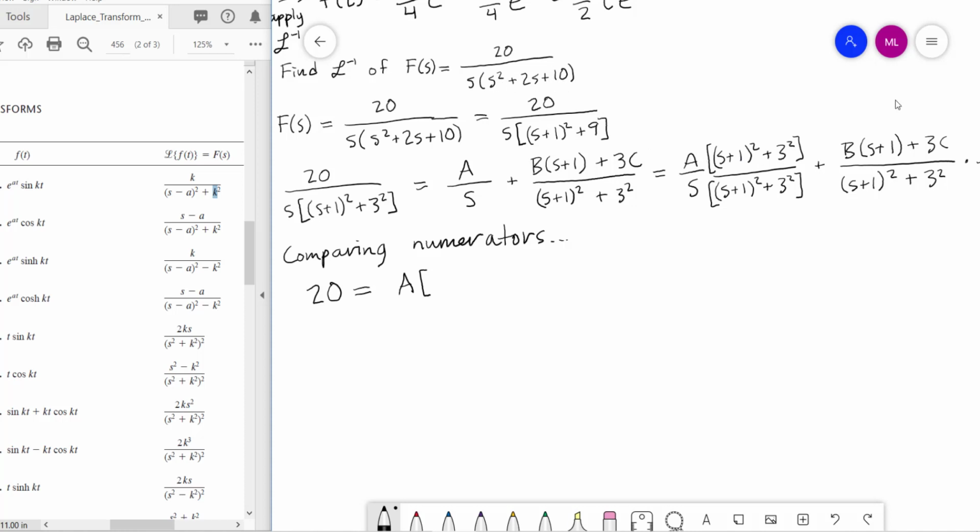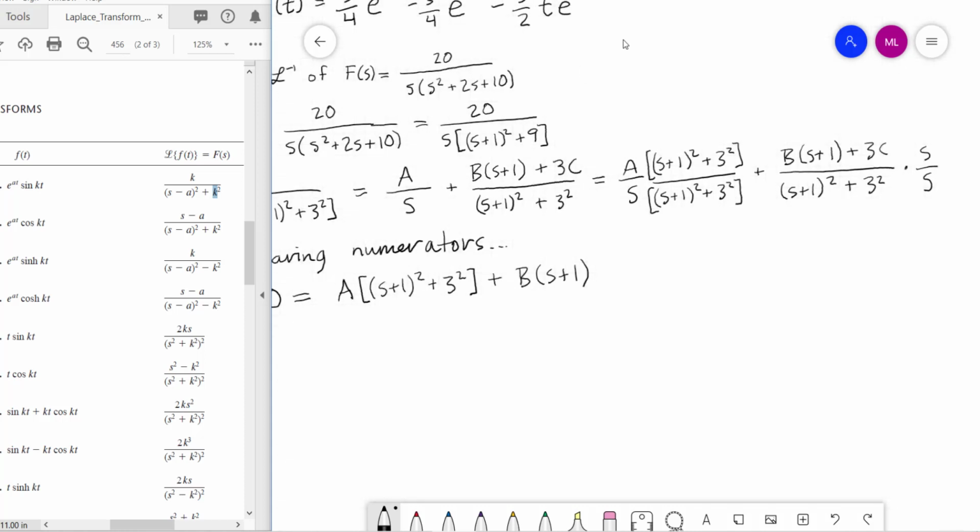For now, I'll just leave it the way that it's written, the factored version. But a lot of the times you can save a little bit of work if you just immediately go back to the unfactored version. And I'll explain why in a minute. And over here we have b times s plus 1, and can't forget that we were multiplying this by s, so times another s, plus 3c times another s.